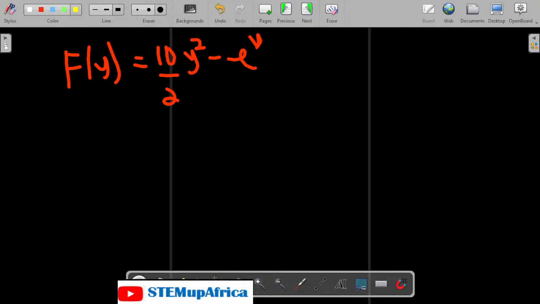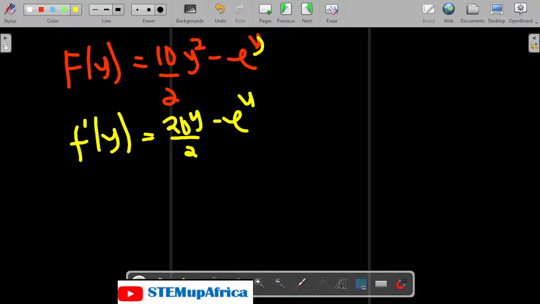So let's differentiate this. f prime of y means the first derivative. That will give us 20y over 2 minus exponential y. Like I've said, if I differentiate exponential y, it remains exponential y. So I can cancel out. I'm having 10y minus exponential y.